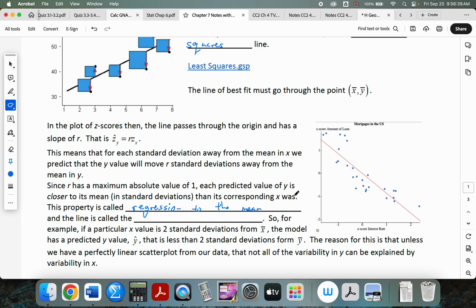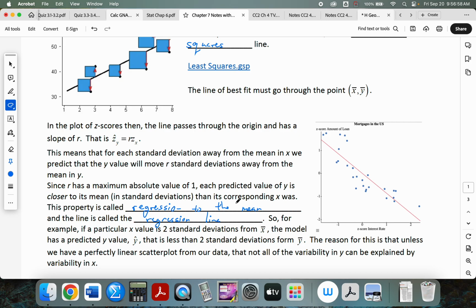And the line is called the regression line. When you hear it used in sports, it's almost always used not quite right.